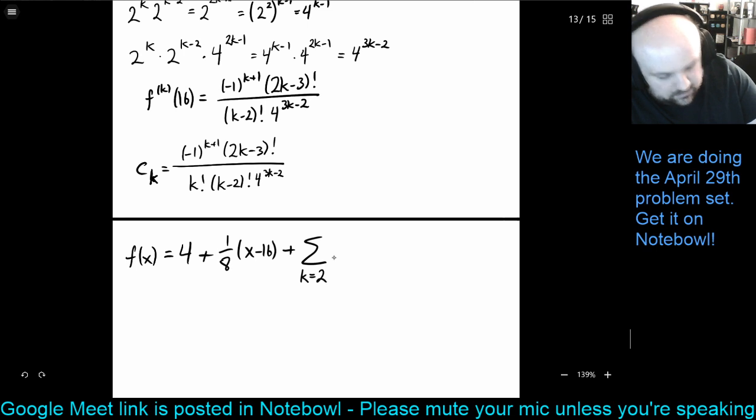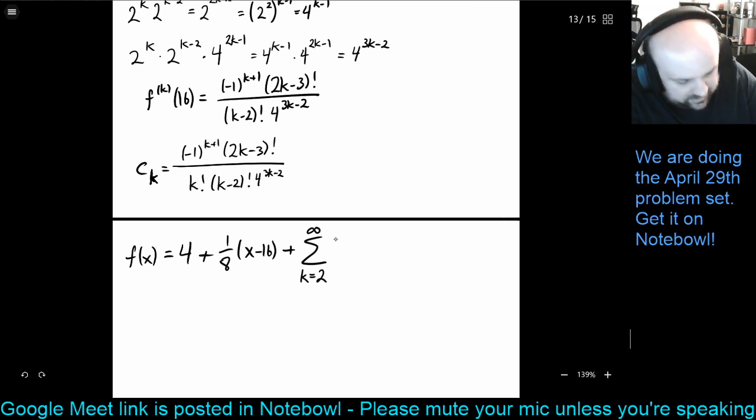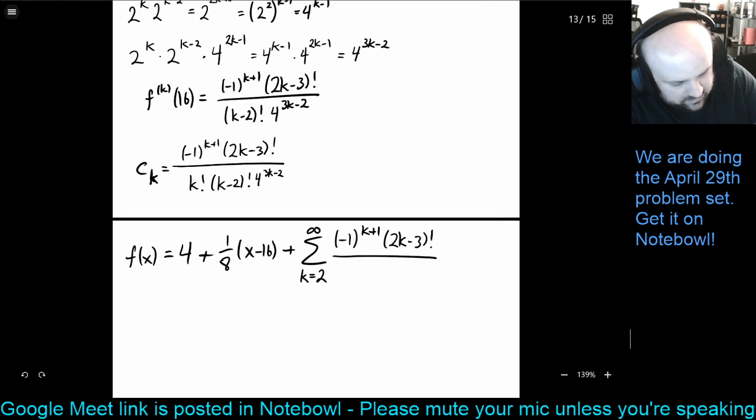This is going to start with k equals 2 to infinity. Minus 1 to the k plus 1, 2k minus 3 factorial, over k factorial, k minus 2 factorial, 4 to the 3k minus 2, times x plus 16 to the k.